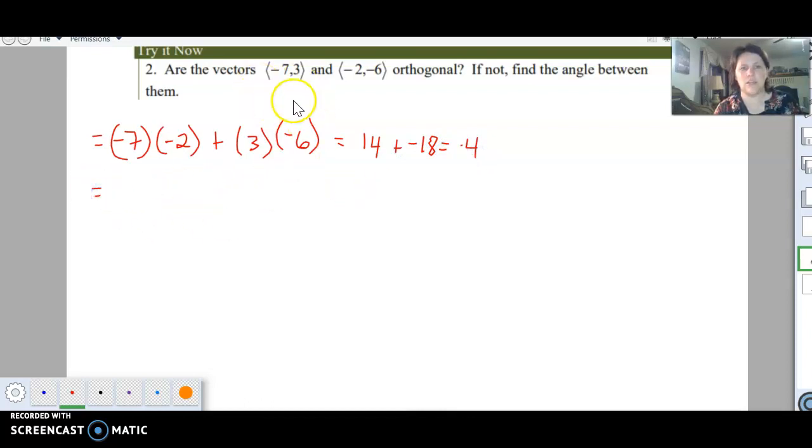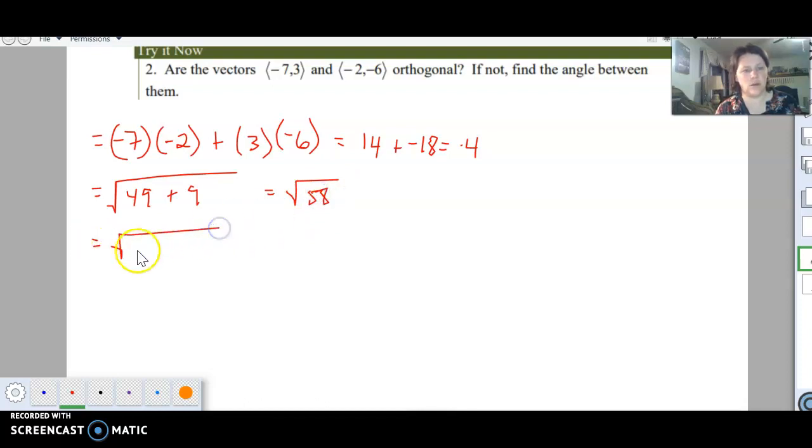Now we also need to know what the magnitude of both of those vectors are. So the magnitude of the first vector is going to be the square root of 49 plus 9, which is equal to the square root of 58. Second one is going to be the square root of 4 plus 36, which is equal to square root of 40.